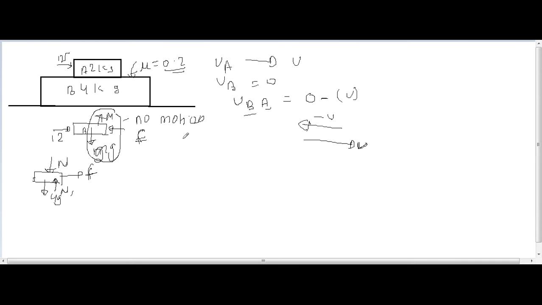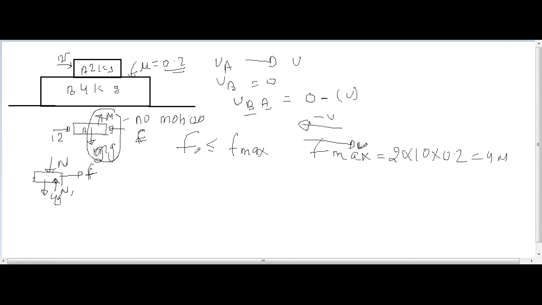We do not know the value of f, but we also know that f must be less than or equal to f max, and f max is equal to 2 into 10 into 0.2. This will be 4 Newton.